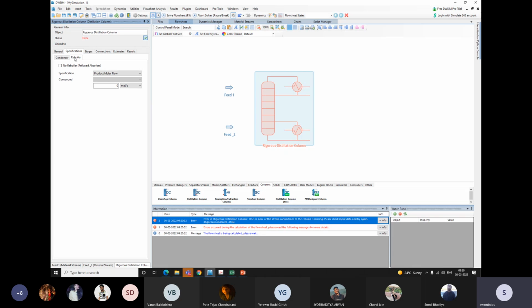Then we'll go to the reboiler. Where is the pressure drop? Heat load. It hasn't come.